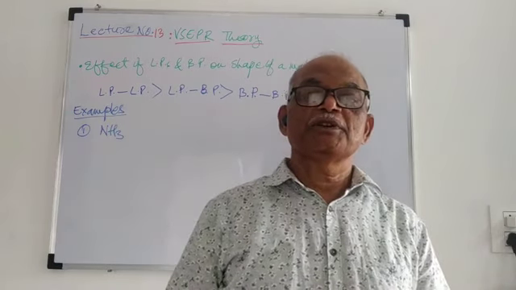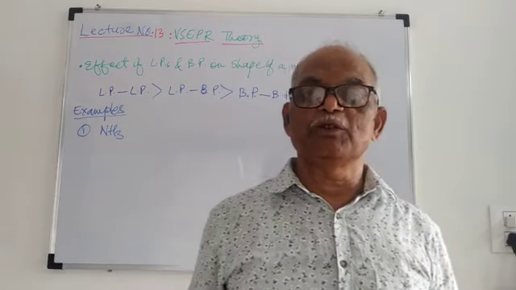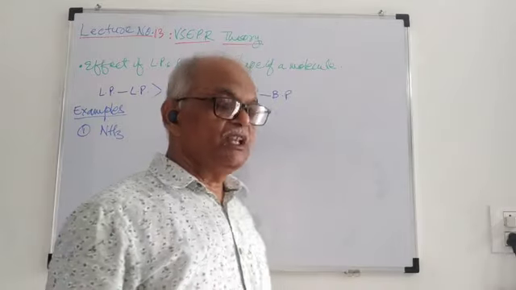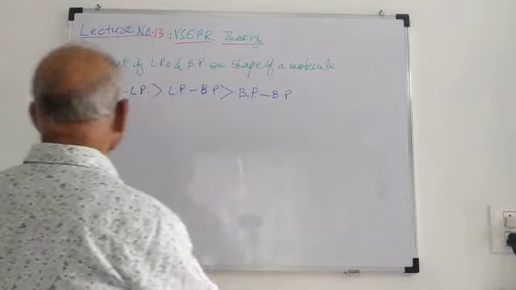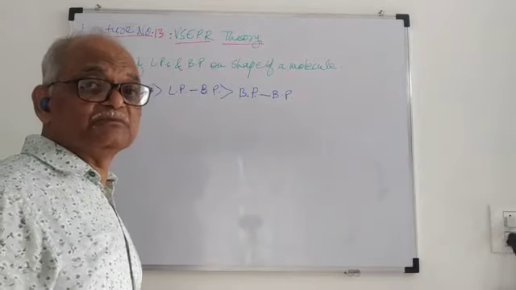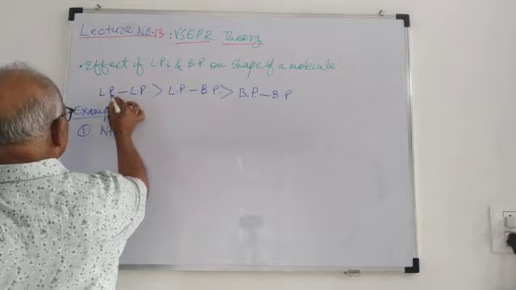Today we will see the effect of presence of lone pairs and bond pairs on the shape of molecule. For this purpose, we will first see the magnitude of repulsion because of the presence of various types of electron pairs.